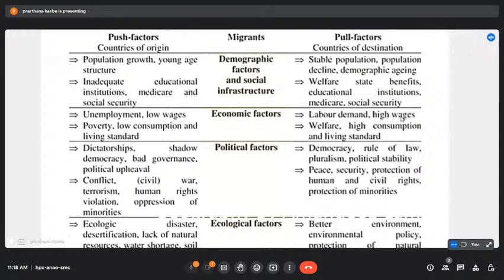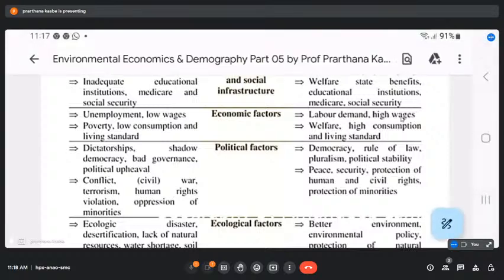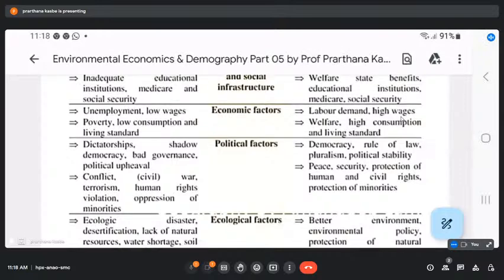So which pull factors are related to that? The labor demand is there, high wages may be there, welfare, high consumption and standard of living. That is the pull factor. According to the political factors, the push factors are dictatorship, shadow of democracy, bad governance, political upheaval, conflict, war, terrorism, human rights violation.